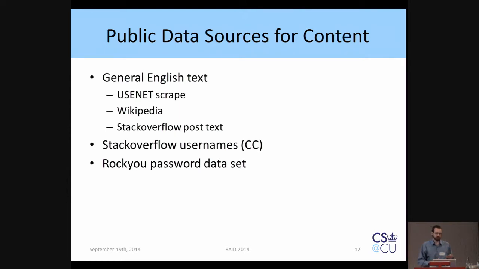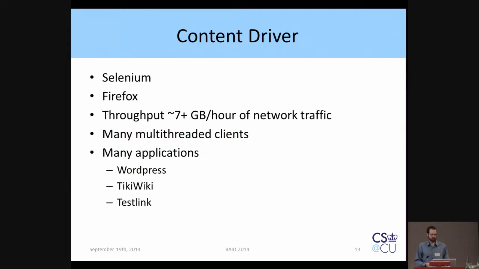And for usernames and passwords, we use other instances of real data in the wild. To actually drive this normal data generation, we use the Selenium framework, which allows you to drive a full-fledged Firefox browser and emulate users clicking on different objects and interacting with the website.